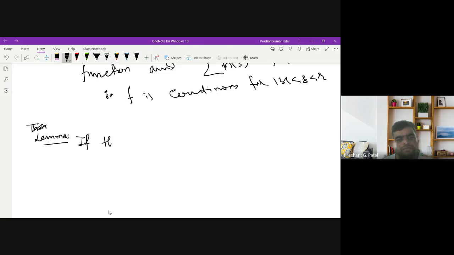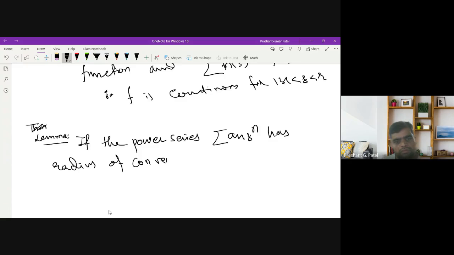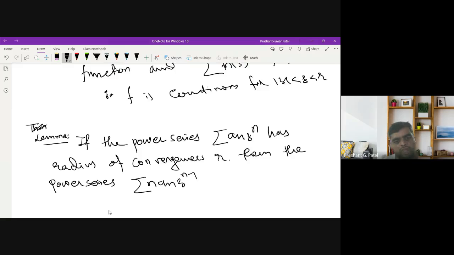It says that if the power series summation a_n z raised to n has a radius of convergence r, then the power series summation n into a_n z raised to n minus 1, and summation a_n upon n plus 1 into z raised to n plus 1, have a radius of convergence r.